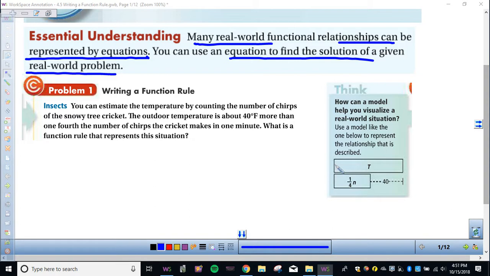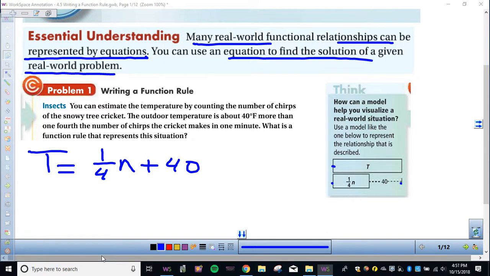If you look here, it's saying the temperature T is equal to this distance here. So that's all you have to do. T equals, because these two distances are equal, T equals 1/4 N, and the temperature is about 40 more, so you add 40 to the 1/4 N. That's it. That's the equation.